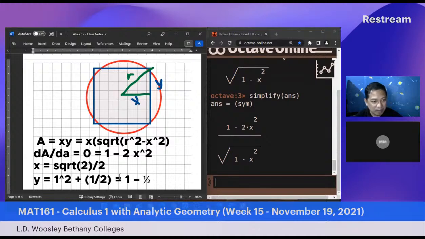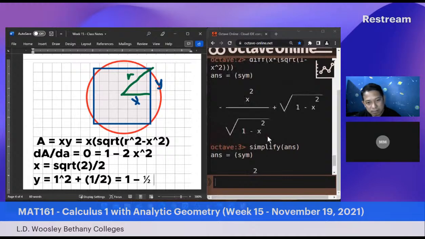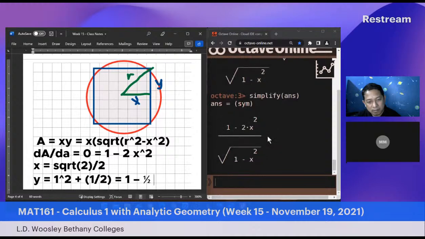Ay, teka, wait. May problema ako pala. May problema ako dito. Teka. Square root of 2 over 2. Dapat pareho ang magiging sagot dito.